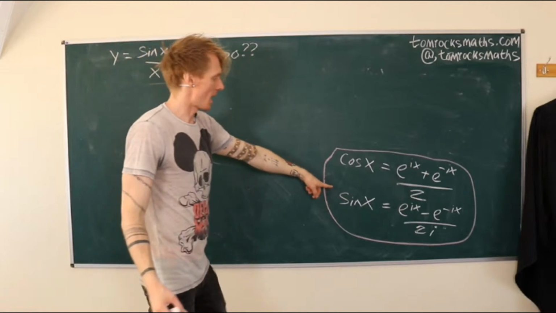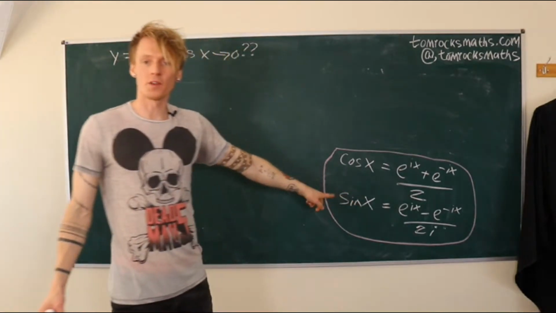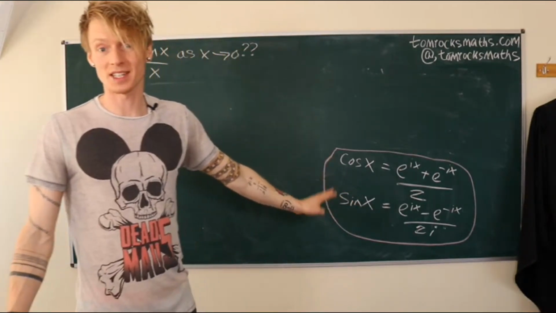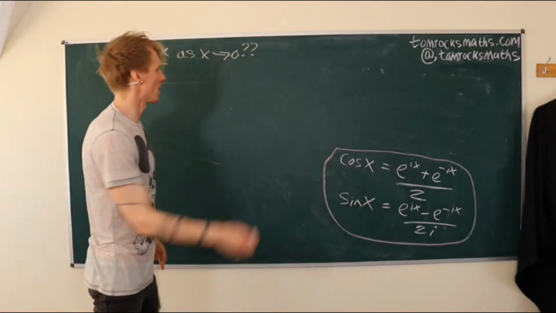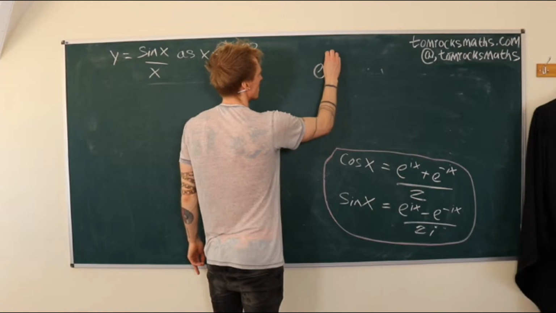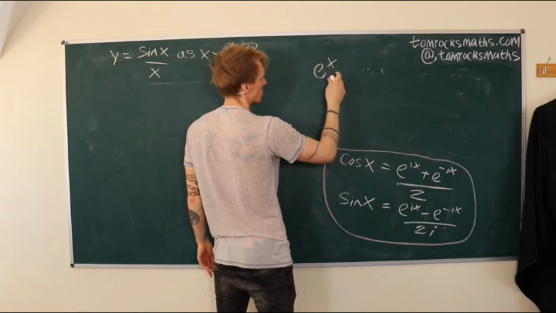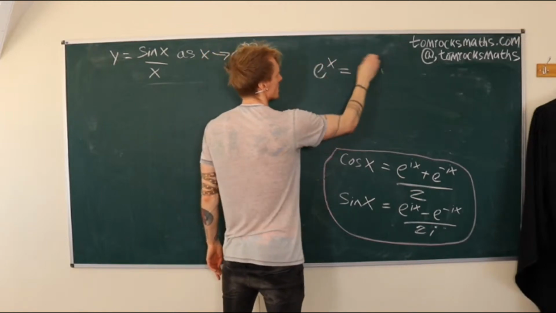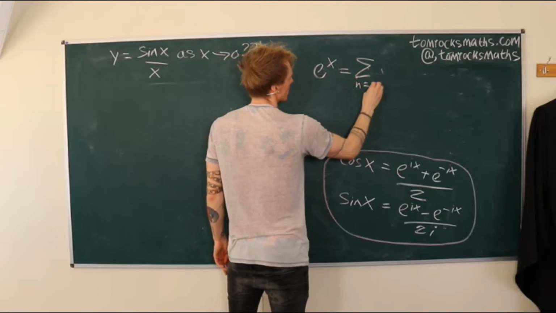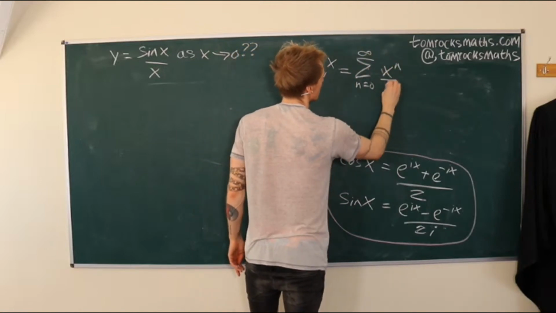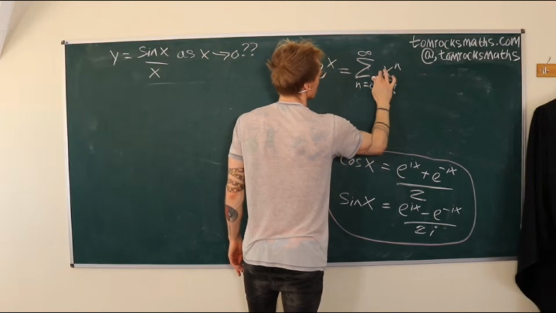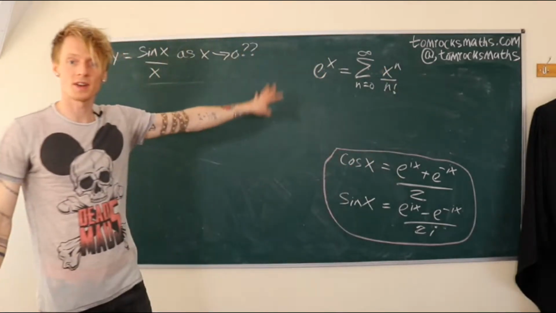So I can work out the infinite series or the power series for sine using this formula because I know the infinite series for the exponential function. e to the x is the sum from n equals 0 to infinity of x to the n over n factorial. That is the power series of an exponential.